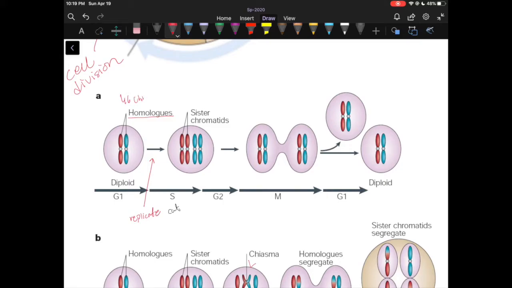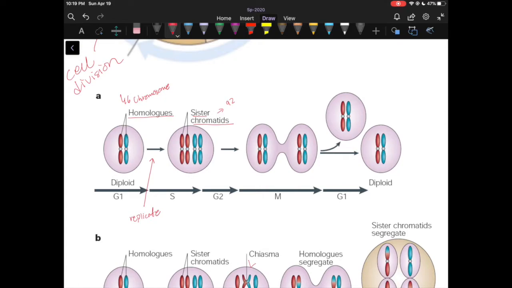Remember that we're going to have 46 chromosomes here. Once we replicate them, we are going to have our sister chromatids, the same copy for each chromosome. And we are going to have 92 sister chromatids.